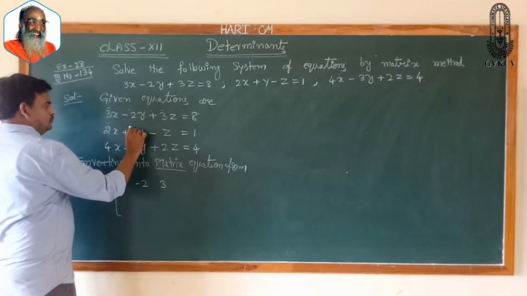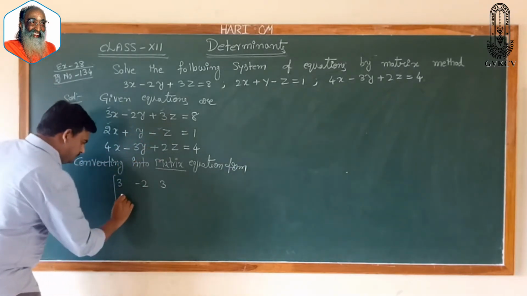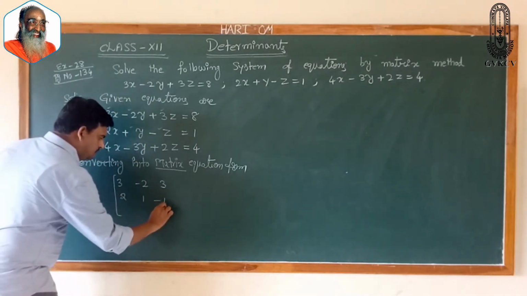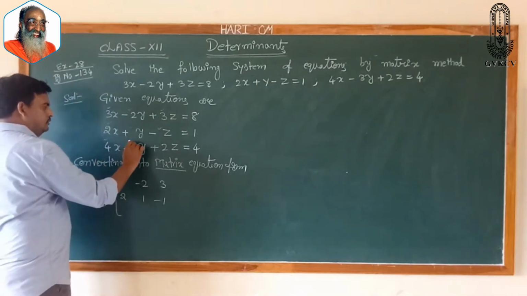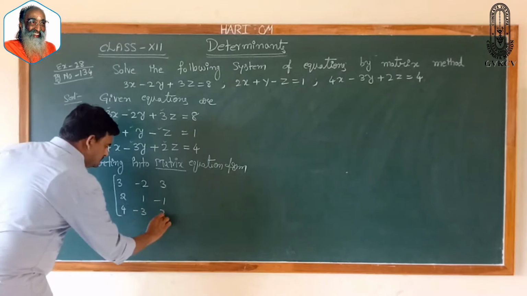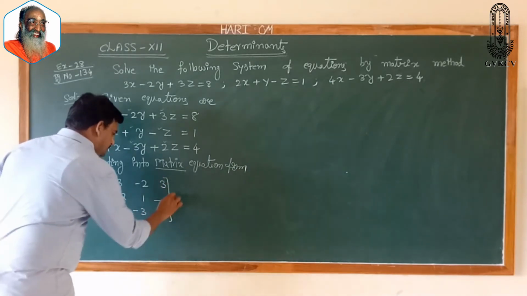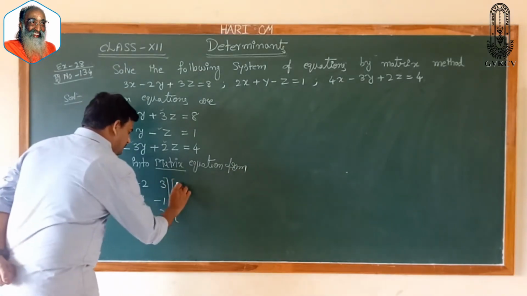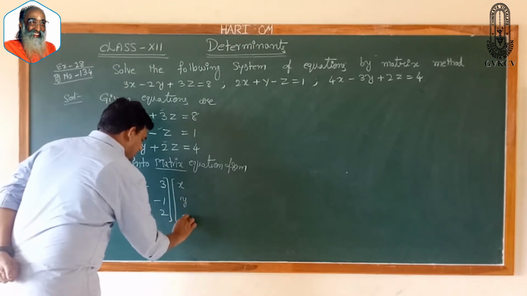Here I have 2, 1, minus 1. Here 4, minus 3 and 2. And the variables we have are x, y, z.